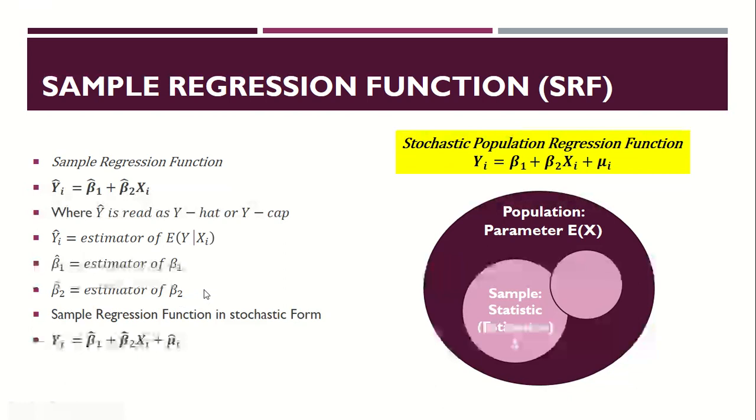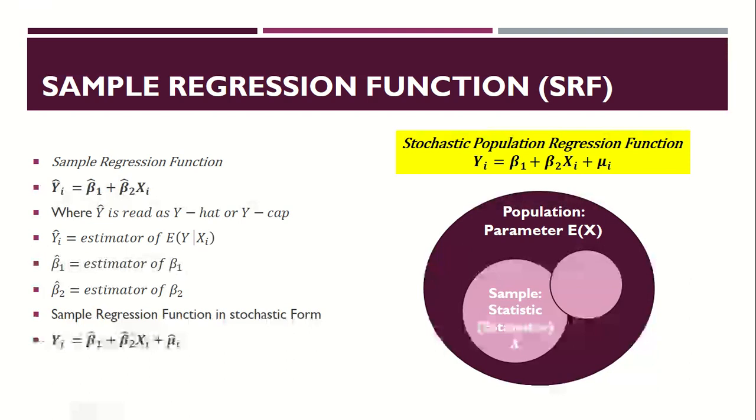So this is how we have got beta hat for the estimator. These beta hats are for estimators, and these betas are for the population parameters.